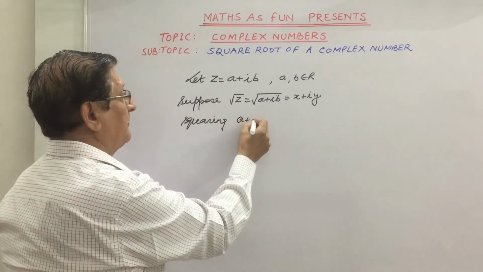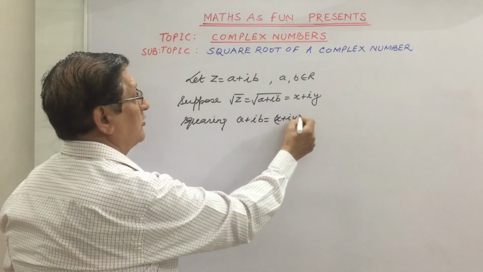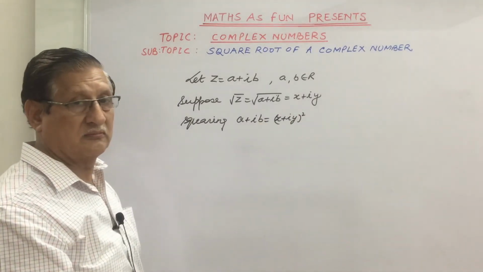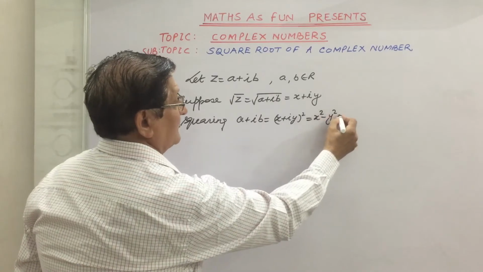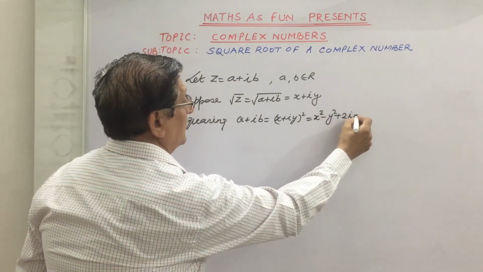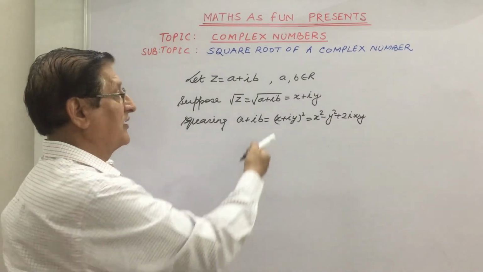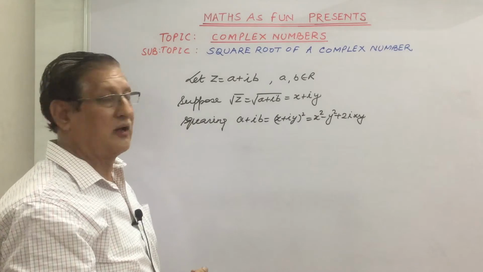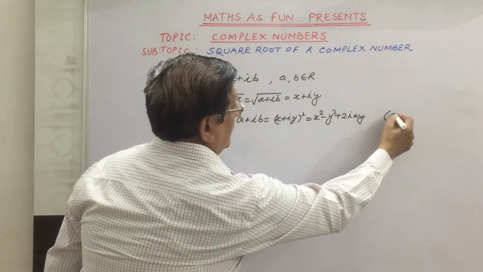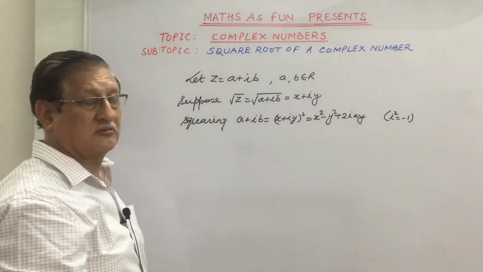We will have a plus iota b equal to x plus iota y whole square, which will be x square minus y square plus 2 iota xy. We have applied the identity a plus b whole square, and we know that iota square is minus 1, that's why it is this.